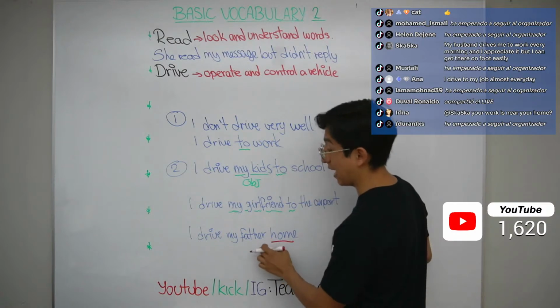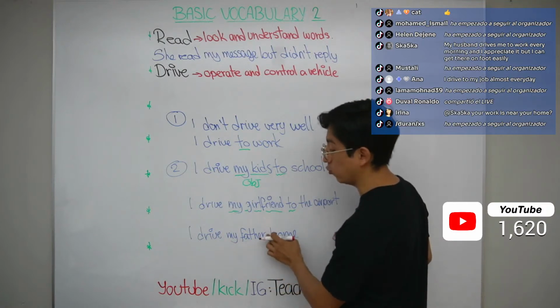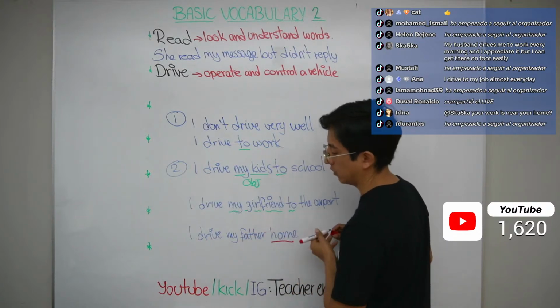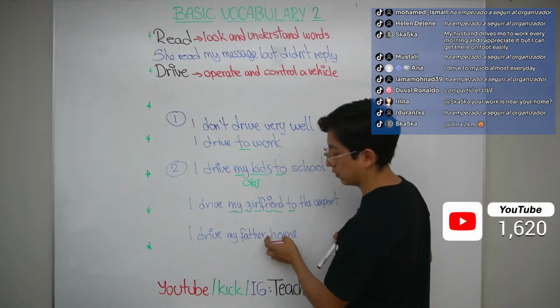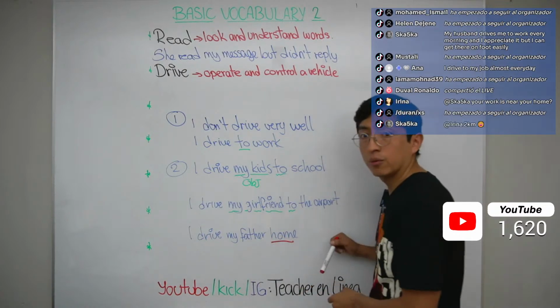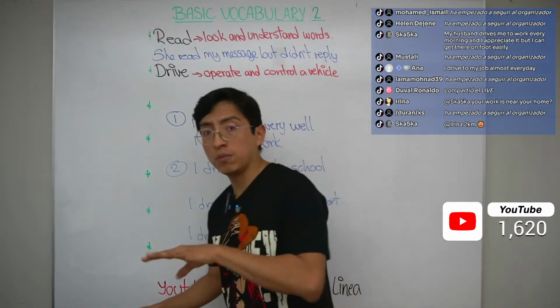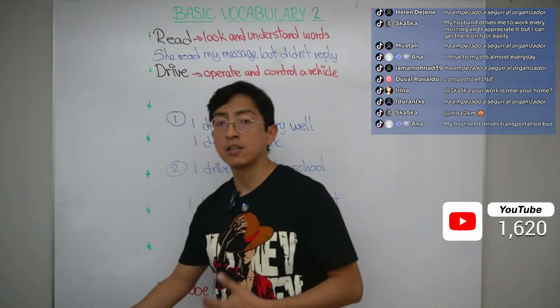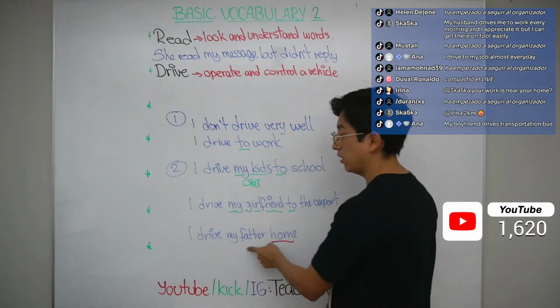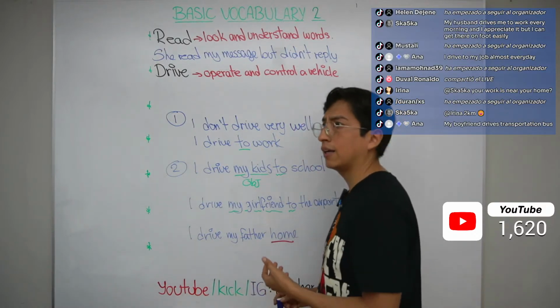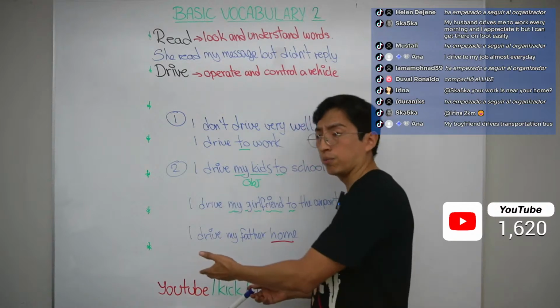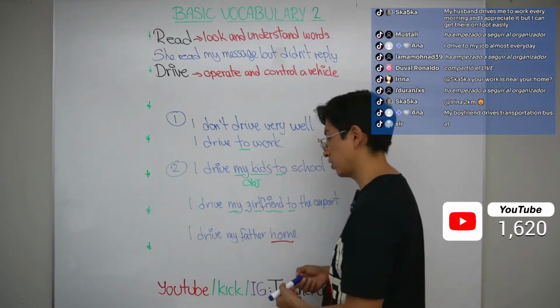We never say I drive my father to my home. You can say to my house. It's also possible. But if you use home, guys, we never use the preposition. To home? No, we never say that. I drive you home. I can drive you home. I can drive your family home. We never use a preposition here.